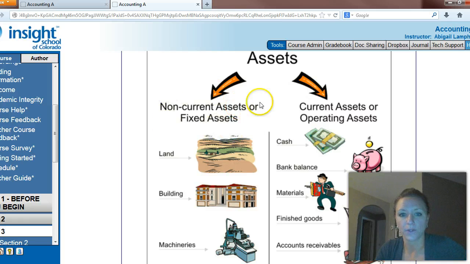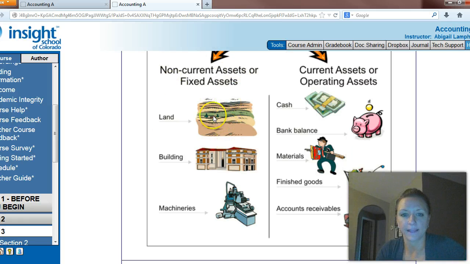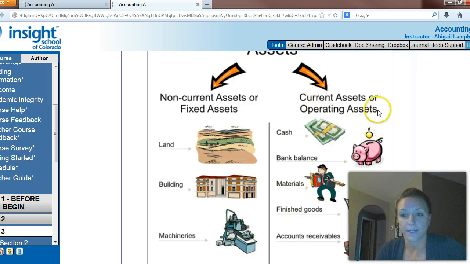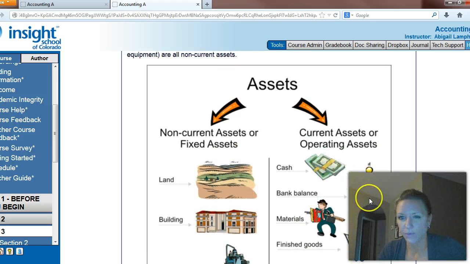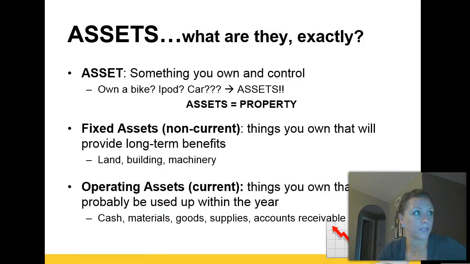You have your non-current or fixed assets, like land, the building, the machinery, stuff that's going to last you more than a year. And then you have current or operating assets: cash, your bank balance, materials, goods, accounts receivable, all things that will be used up within the year. We'll explain that a little more as we go on too.